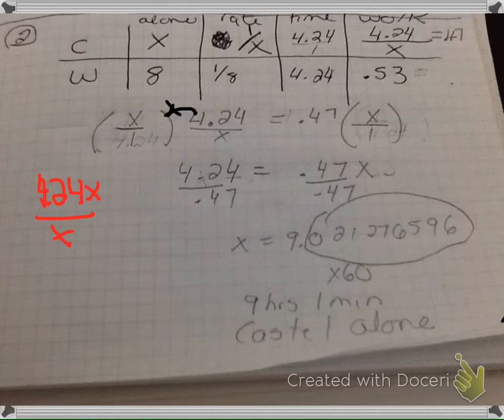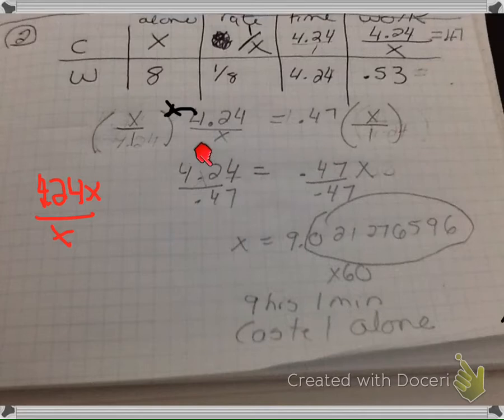Well, we already know that x divided by x is 1, and then that 1 times 4.24 ends up just being 4.24. So the equation I got when I multiplied x over 1 times 4.24 over x was 4.24. And then over here, if you do 0.47 times x over 1, you get 0.47x.